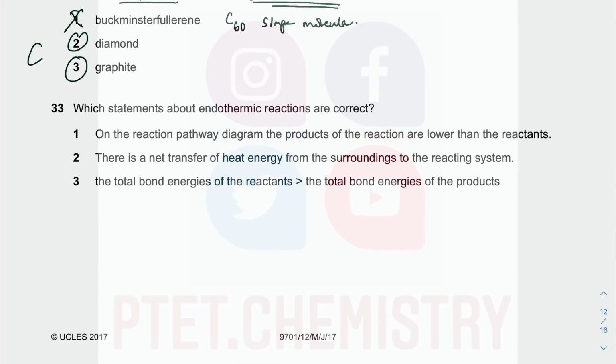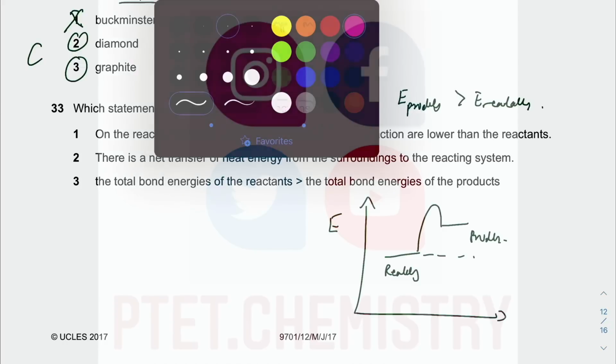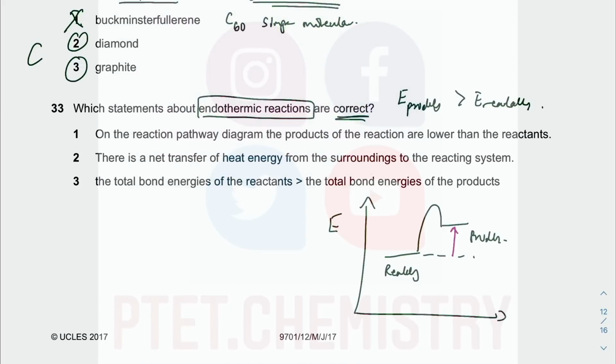33, which statements about endothermic reactions are correct? So in endothermic reactions, the energy of the product is greater than the energy of the reactant. Okay, that means when you have an energy profile diagram, you have reactants, and there is your product. Your reactant has absorbed energy from the surroundings.